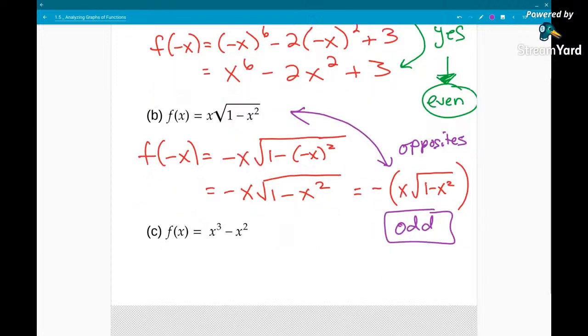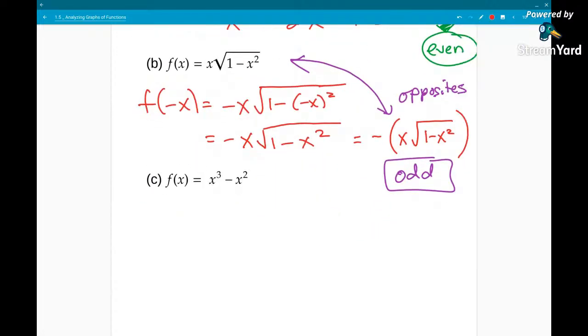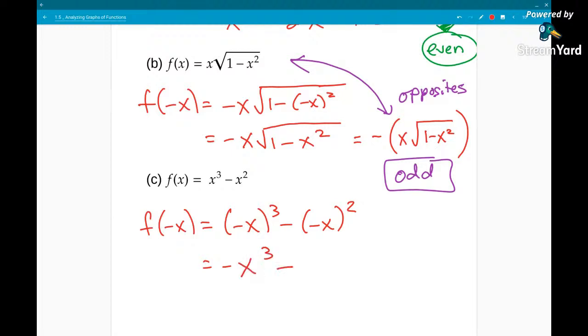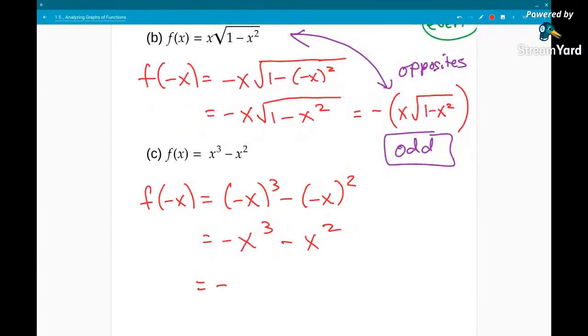Okay. Last but not least, input negative x, simplify. That should be minus, my bad. Factor out your negative 1 if possible.